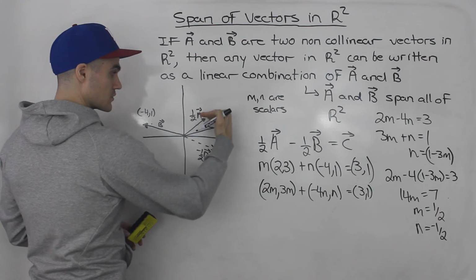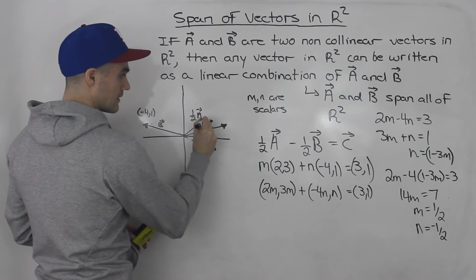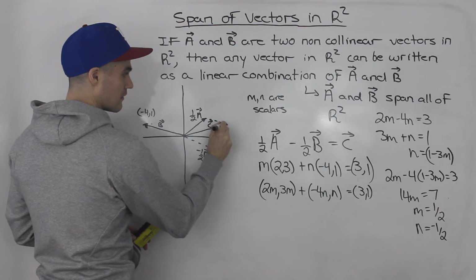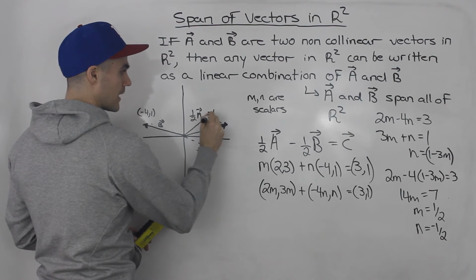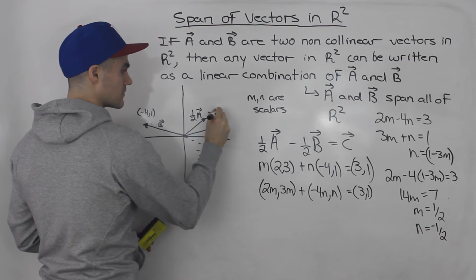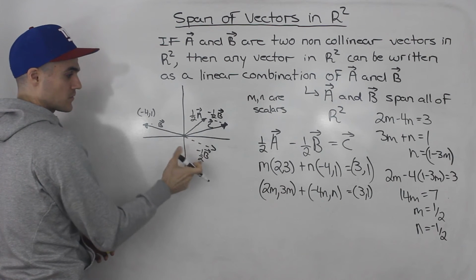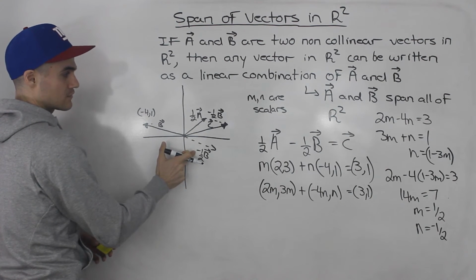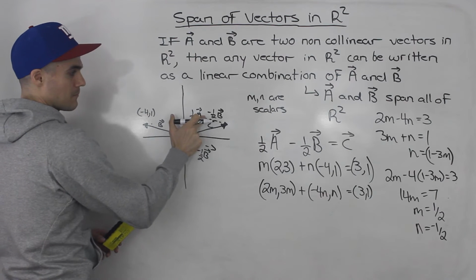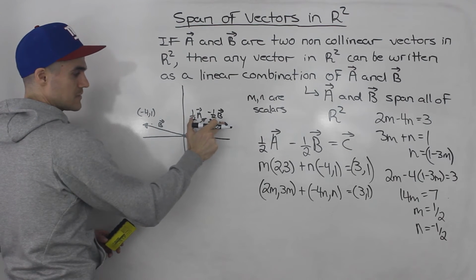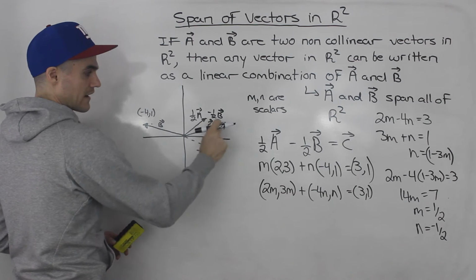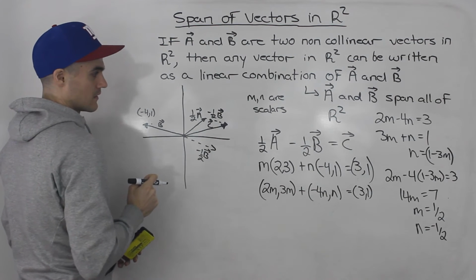So if we take this vector, shift it up here, then this part here would be minus 1/2 B. So we cut B in half, we cut its magnitude in half, and it's going in the opposite direction because it's negative. So 1/2 A minus 1/2 B gives us vector C.